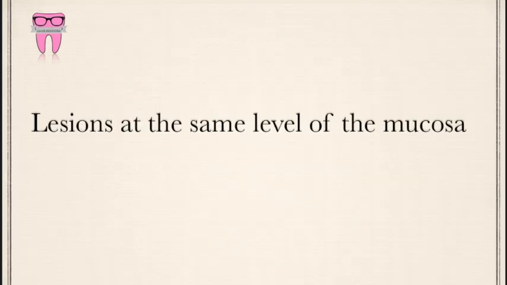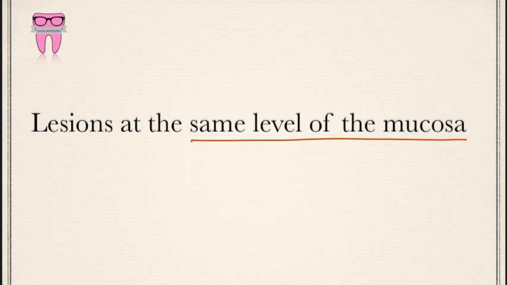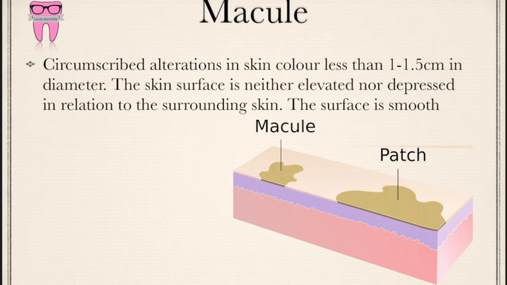In the next category, we are going to see the lesions which are present at the same level of the mucosa. Under this category, first we are going to deal with the term macule. A macule is a circumscribed alteration in the skin color which is less than 1 to 1.5 centimeter in diameter.